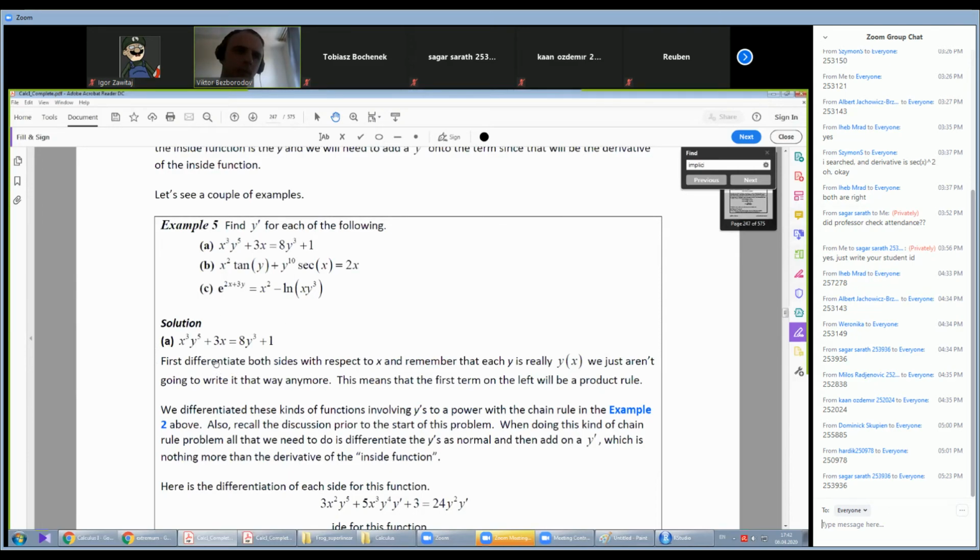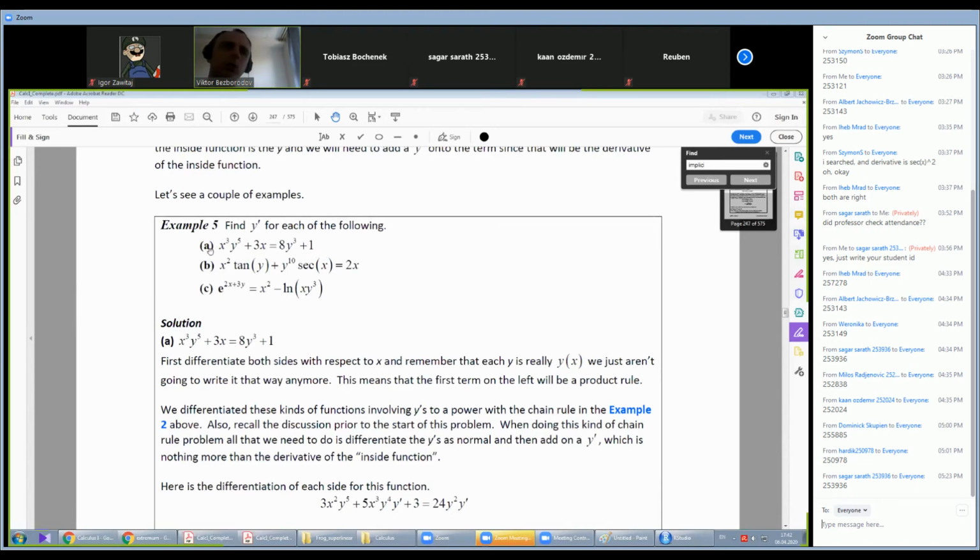So you have this equality which gives you y as a function of x implicitly. Implicitly means it's not like y equals something of x, right? Here you cannot write it like this because you cannot solve this equation with respect to y. But you can still find the derivative.